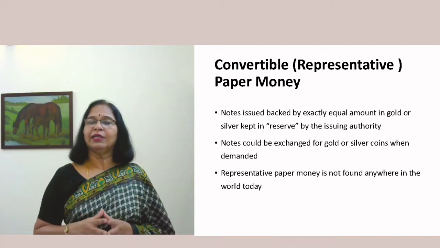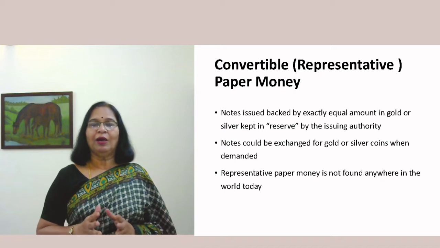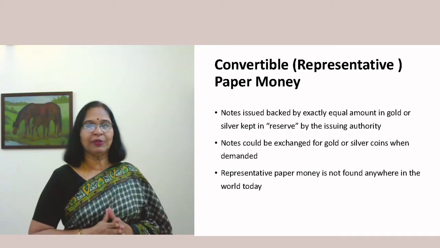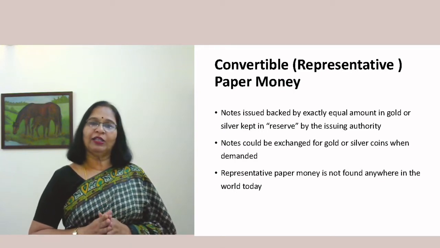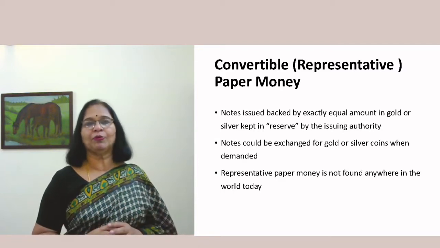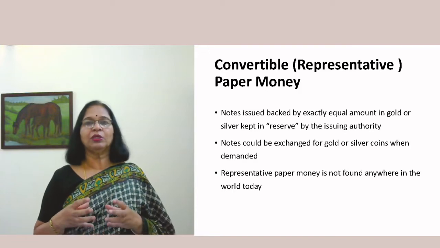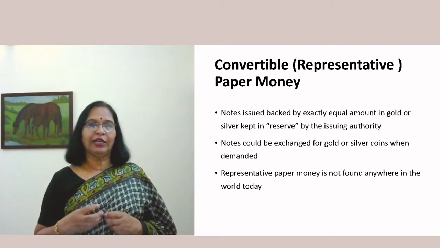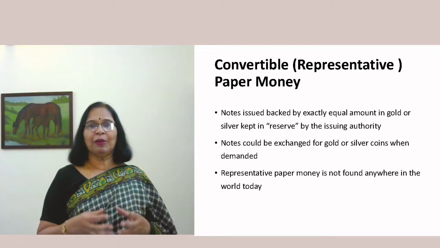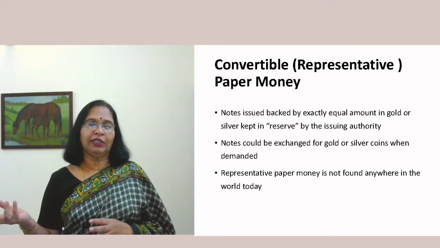Now, the paper currency standard itself has two variants. One was known as the representative paper money. Under representative paper money, this actually evolved just to overcome the problems of putting gold into actual circulation. So gold coins were taken away from circulation, and instead paper currency was put into circulation. But gold was kept in the government mint.